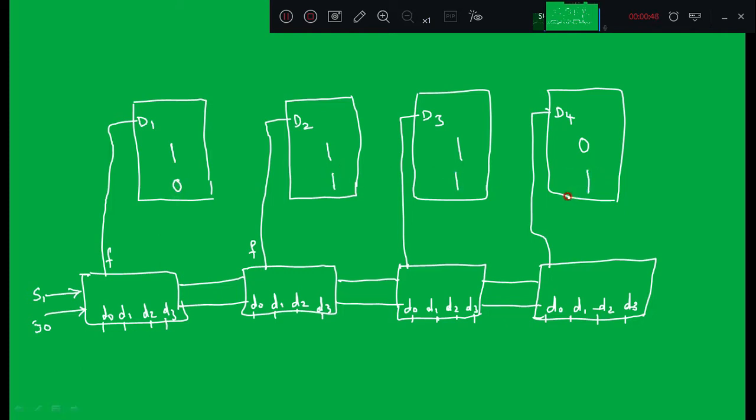So here I am not drawing the entire circuit which I have drawn in the last slide. I am drawing only for the shift left operation. Whatever circuit I discussed in the last slide remains the same; we need to concentrate only on the circuit regarding shift left operation.